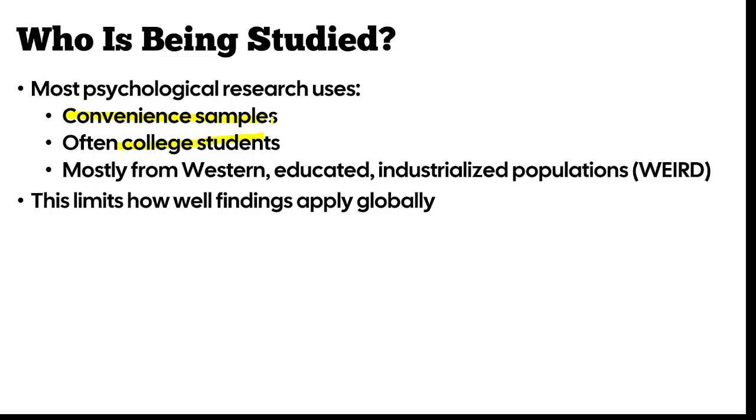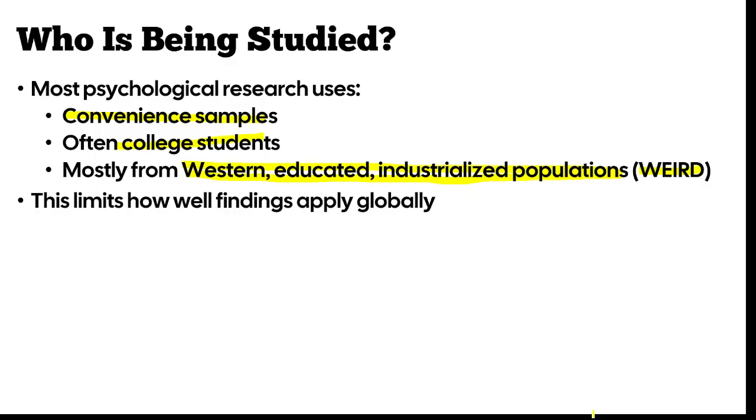Another issue is that we run into what's called WEIRD populations. WEIRD stands for Western, educated, and industrialized. Because again, that is where research is taking place in typically what we consider the Western world.